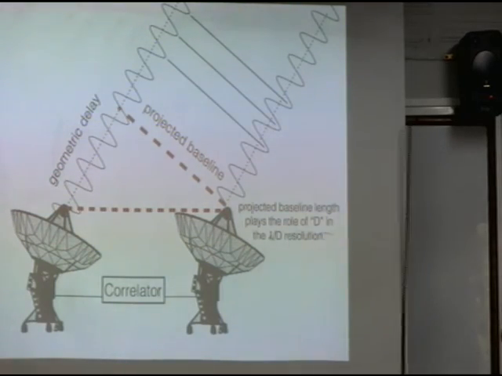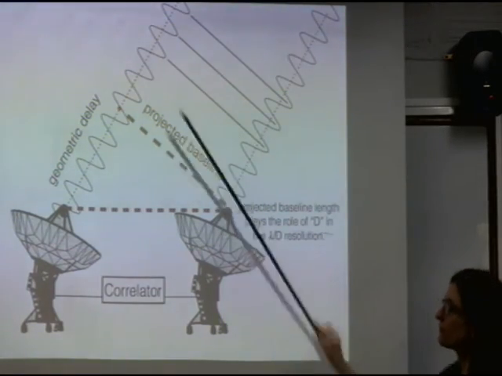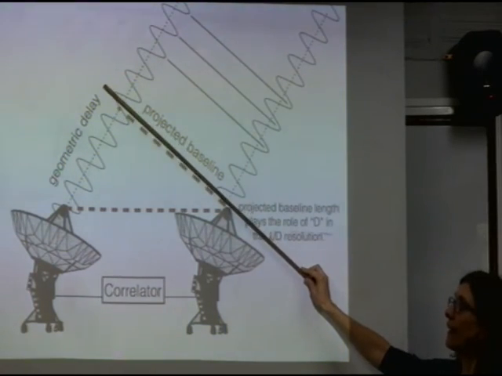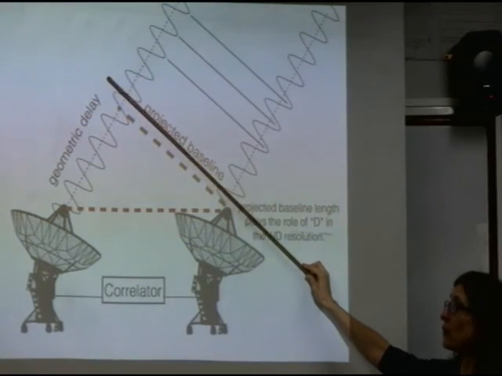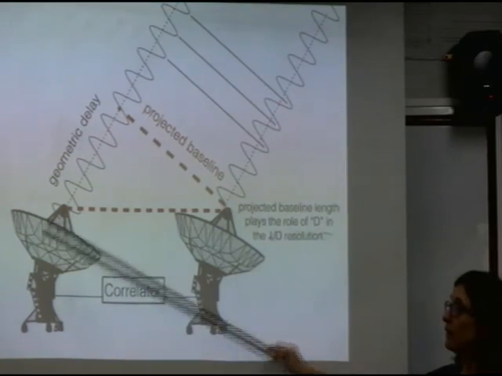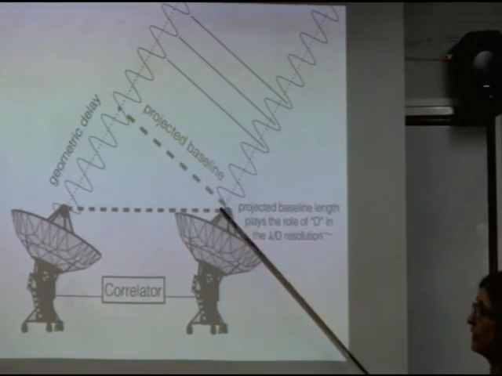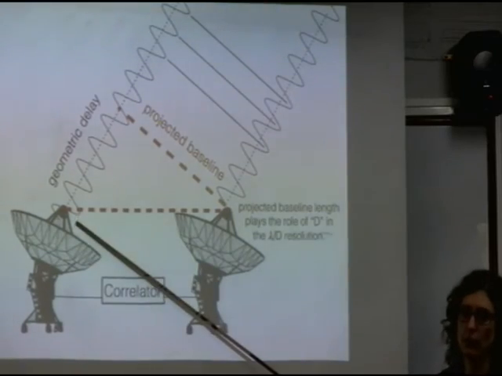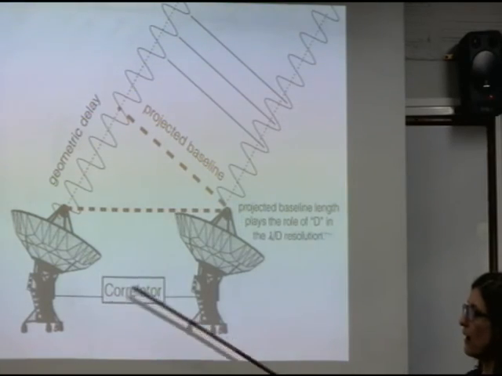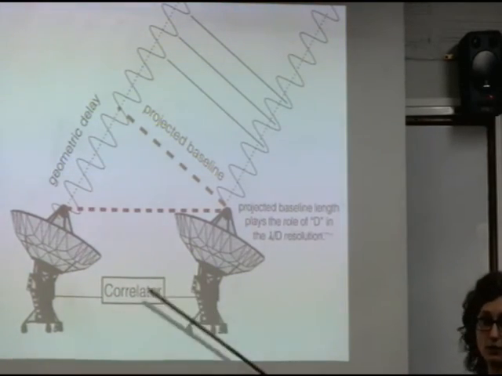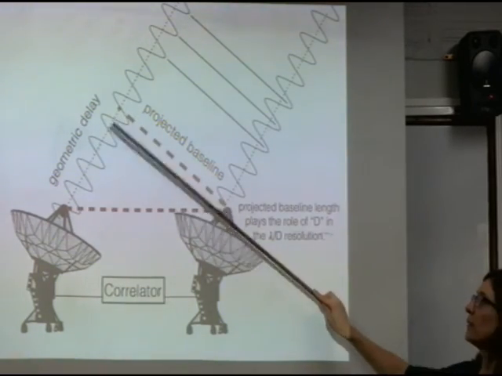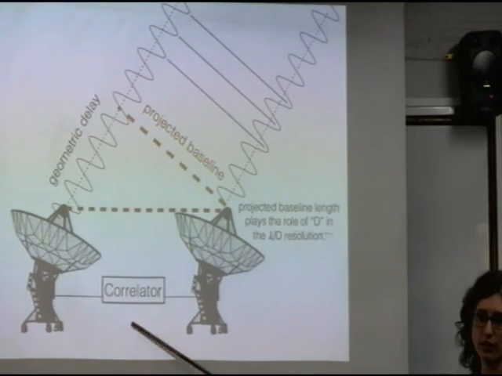So okay, what do we do? The wave comes, it's planar, and we are using that. The fact that the wave is coming will create a delay. It will arrive at this antenna, and then a bit later at the other one. So we are recording the voltages in pairs of antennas, and then we are making use of this time delay to do the calculations in the correlator.